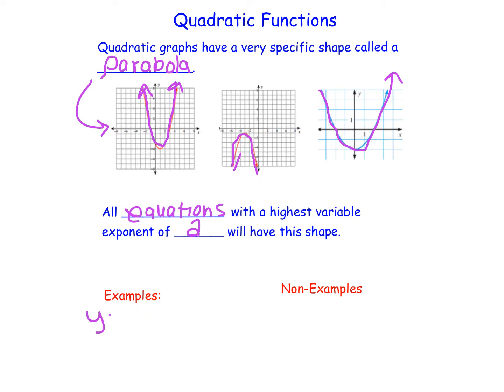So things like y equals 3x squared plus 4x plus 5. Remember we talked about that quadratics are always polynomial equations that contain exactly a highest exponent of x of 2. So here we could also have y equals 25x squared minus 75.